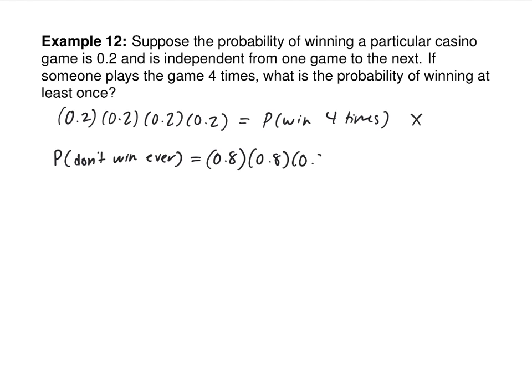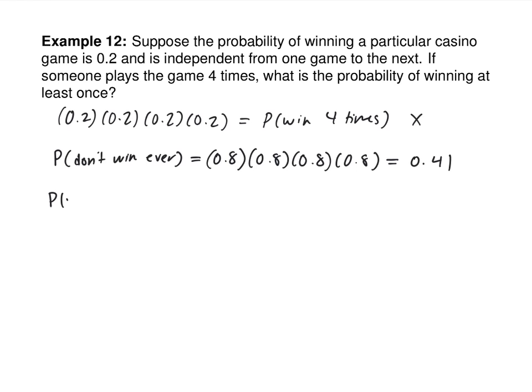Because winning happens with probability 0.2, so not winning happens with probability 0.8, right? And 0.8 to the 4th power works out to about 0.41, we'll say. So that's the probability that you're never going to win.